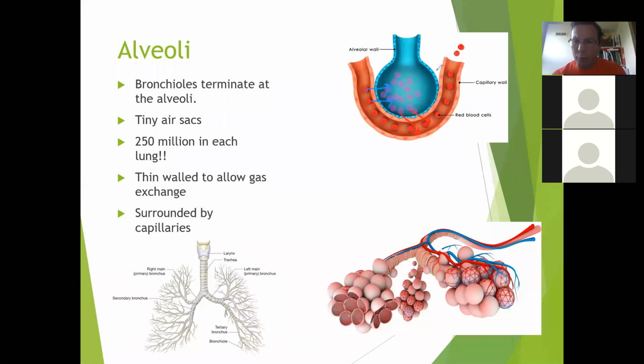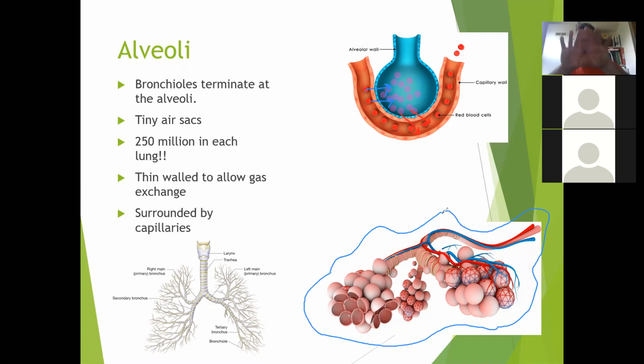So surrounding, what you can see in that bottom picture, what I want you to look at there is the fact that every alveoli is surrounded by loads of capillaries. There's some bringing deoxygenated blood in, it becomes oxygenated, and then goes back into those veins. So remember that whole structure we looked at the other day about how the pulmonary circulation oxygenates our blood.